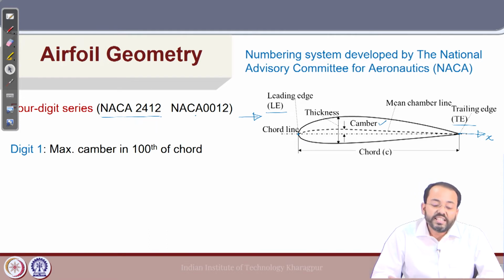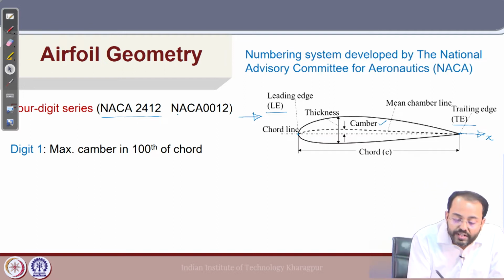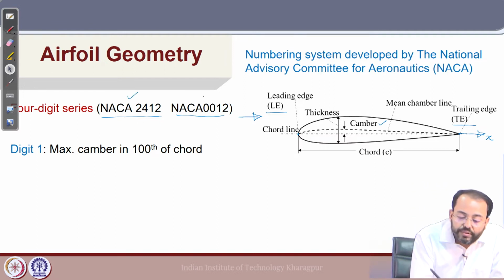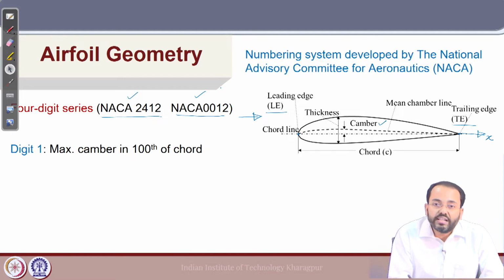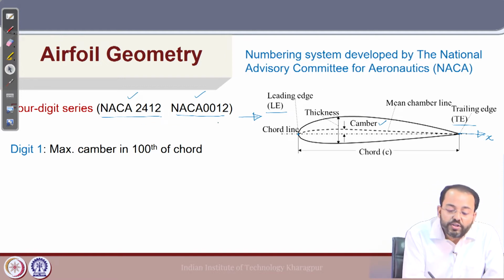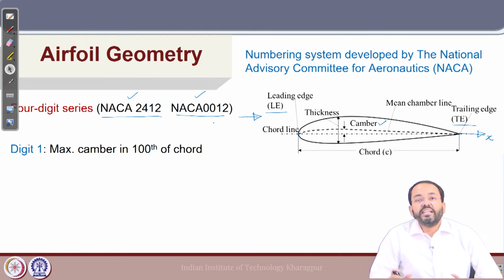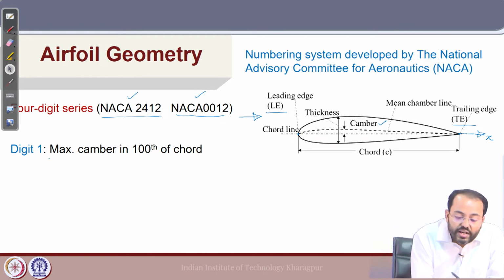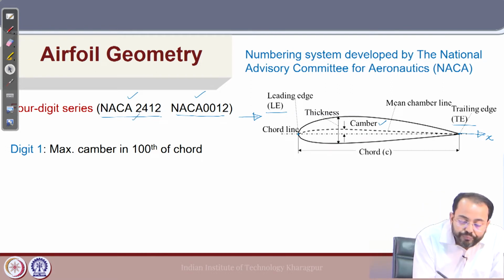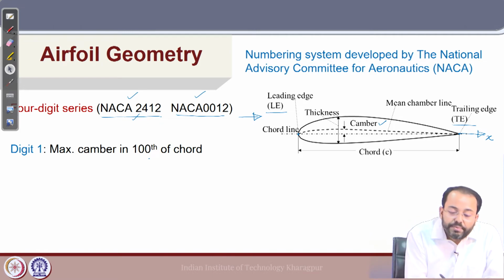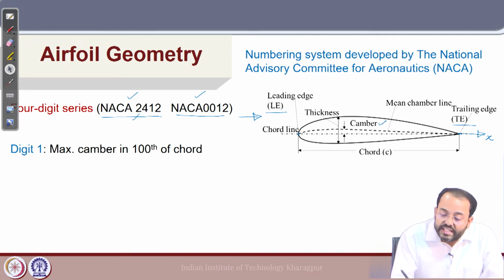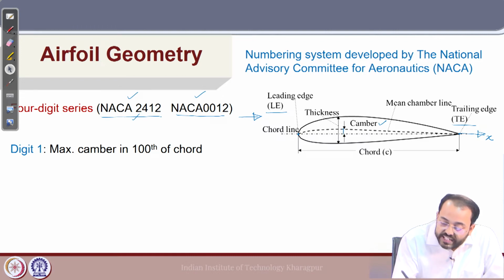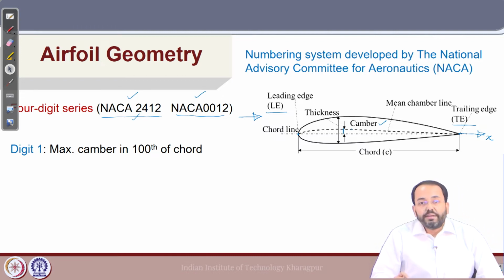So, the first digit means the maximum camber in 100th of chord. We have taken 2 airfoil sections, NACA 2412 and 0012, to illustrate the difference in geometry between them with respect to these digits. The first digit here, which is 2, is the maximum camber in 100th of chord. That means this maximum camber is 2 by 100, that is 2% of the chord length of the section.